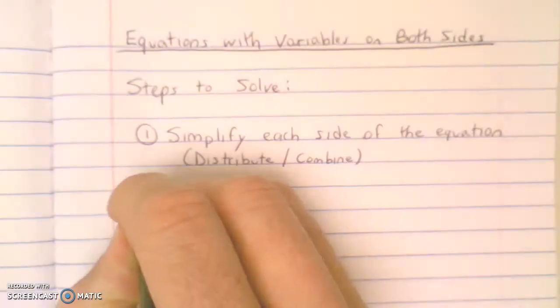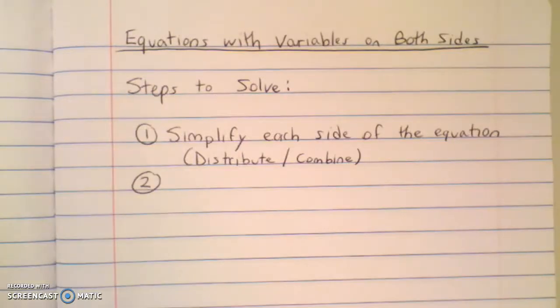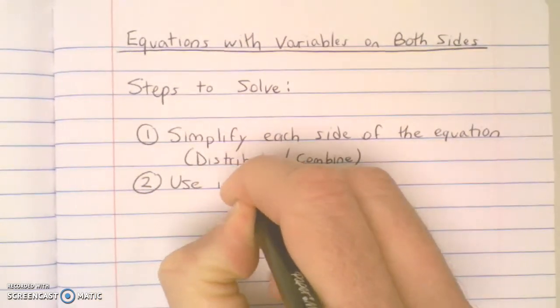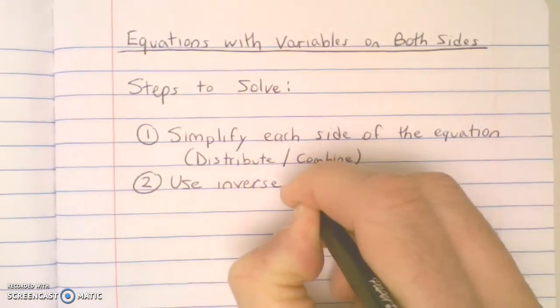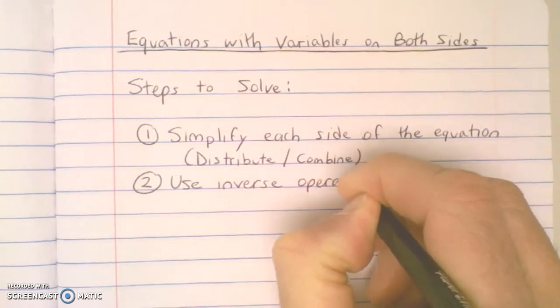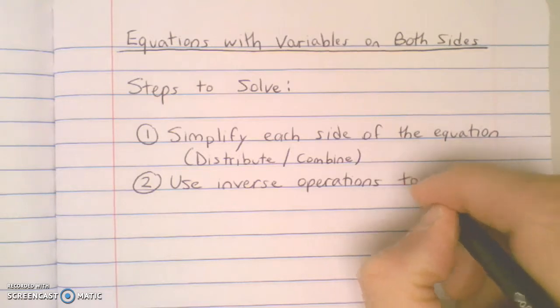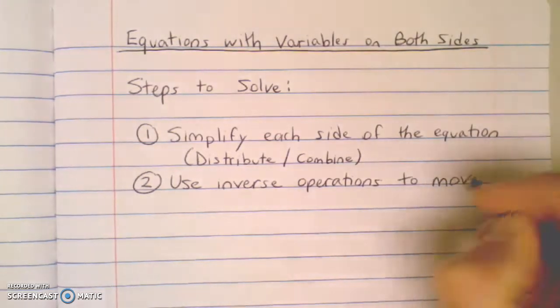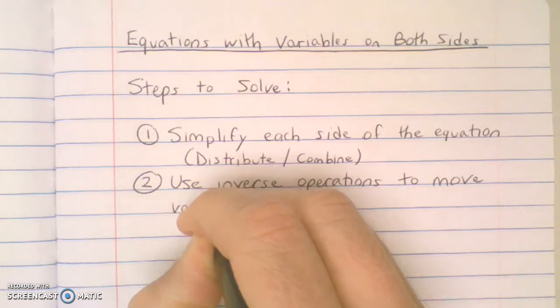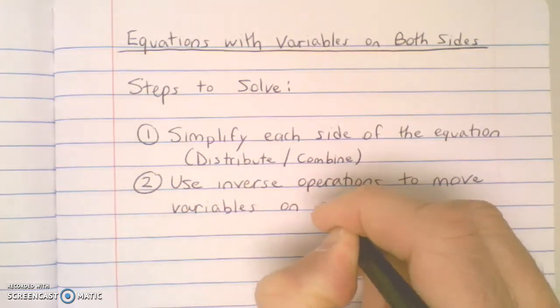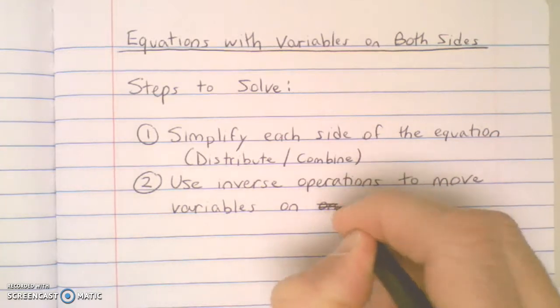The second step now, when you have variables on both sides, is you want to use inverse operations to move the variables onto one side.